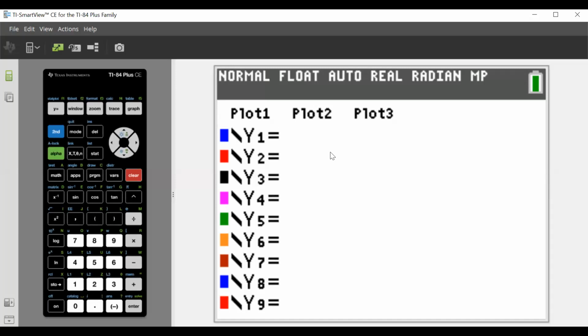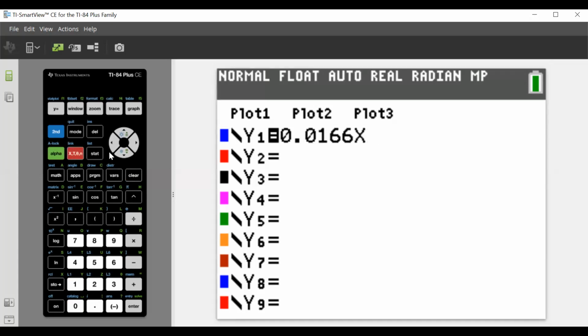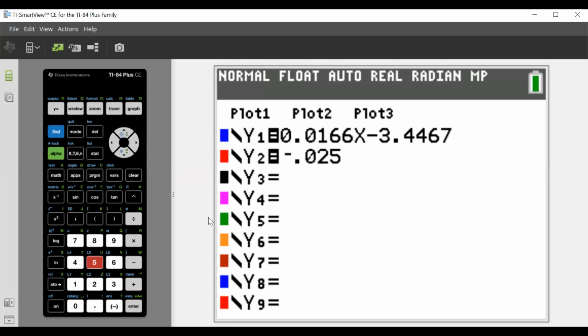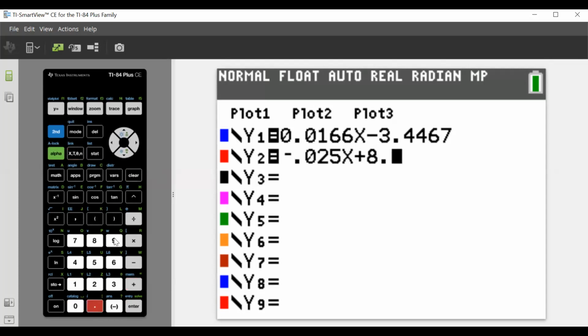And so we had 0.0166x, and then we had minus 3.4467, and our other equation was a negative 0.025. And when you're putting the negative in front of a number, always remember to use this negative. If you're subtracting, then you can use that negative. And then we still have x, and then plus 8.97. Now we have our two equations.